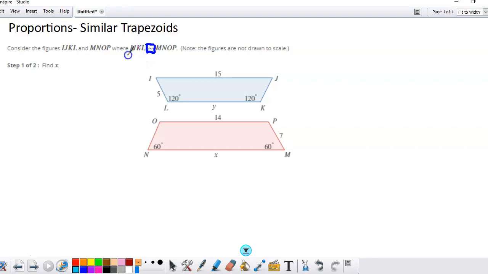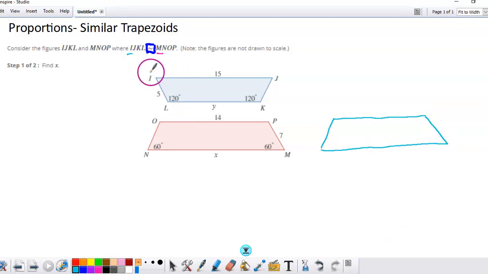So the first two, I to J, is the same as M to N. So I'm going to just draw this in the same orientation as the red one and start labeling based on this.